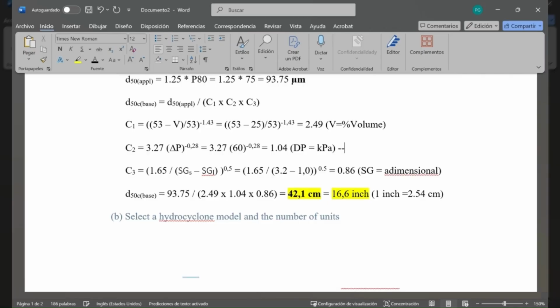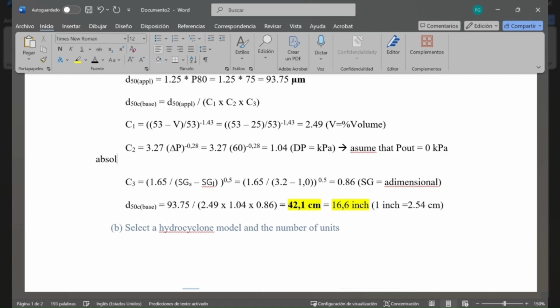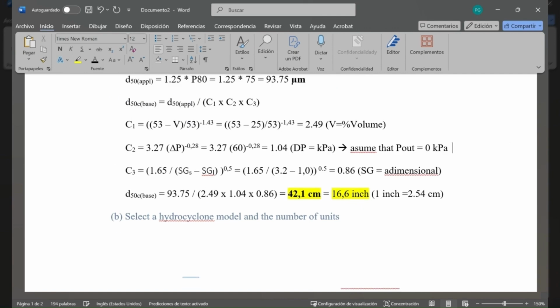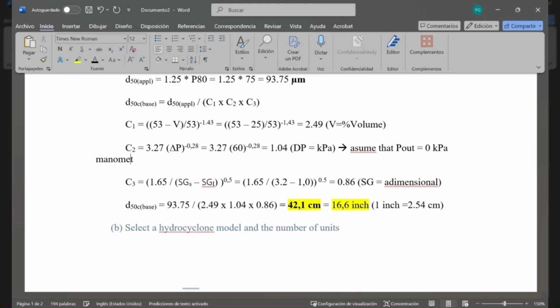We are going to assume that the pressure in the outlet of the system is zero Pascal or kilopascal, sorry, not in absolute value, in manometric value, which means that this comes out at atmospheric pressure.